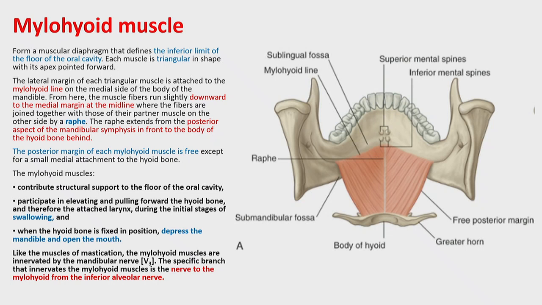And tomorrow you have a test, yes? The mandibular nerve gives a branch, which is the inferior alveolar nerve, together with the artery and vein. But before it goes, it gives a branch which is passing through the mylohyoid groove here, and is supplying the mylohyoid muscle. So the mylohyoid muscle is innervated by the mylohyoid branch of the inferior alveolar nerve, which is itself a branch of the mandibular nerve.